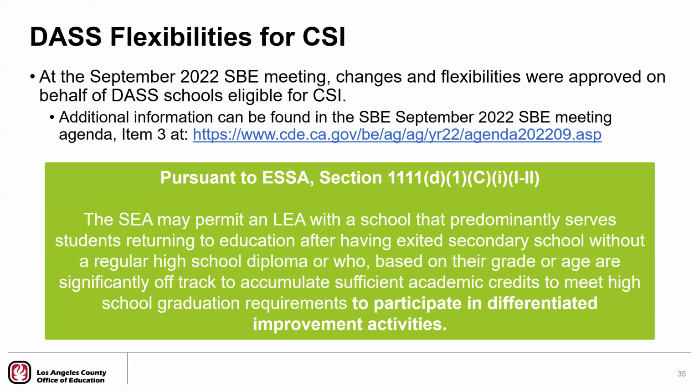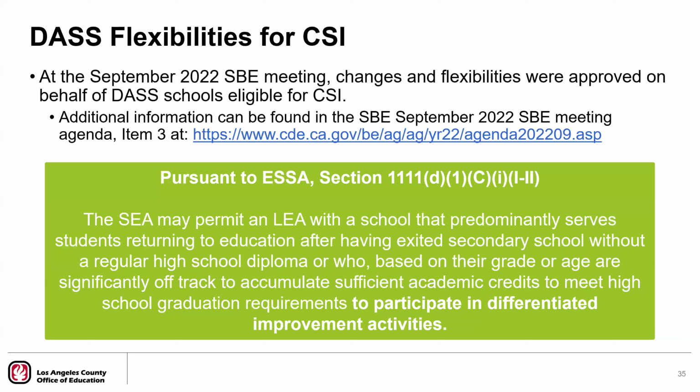So back in 2022, at its September State Board of Education meeting, the State Board granted approval for DASS COP schools identified under CSI low graduation rate criteria to implement differentiated improvement activities. And so these flexibilities continue to be available to LEAs with DASS COP schools eligible for CSI under low graduation rate.